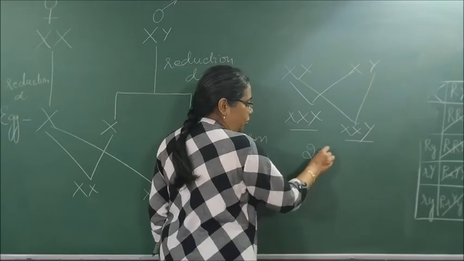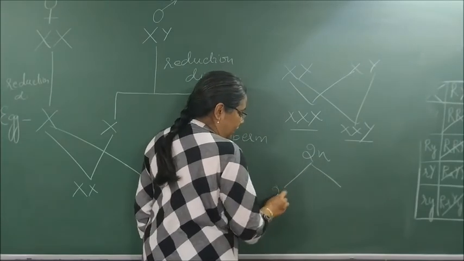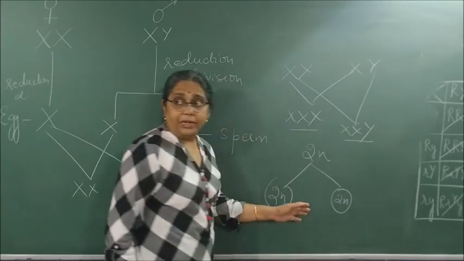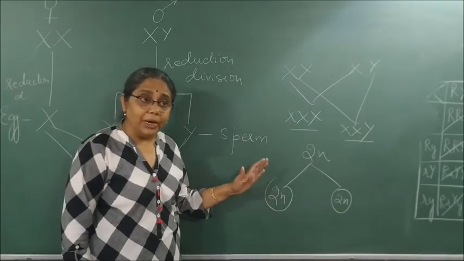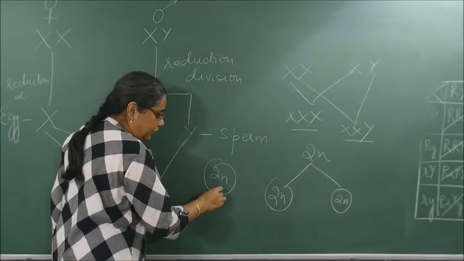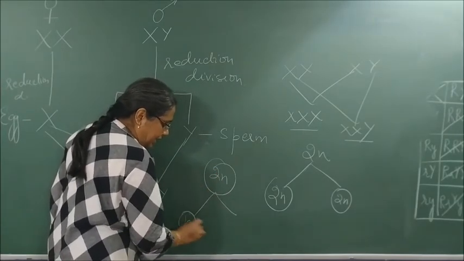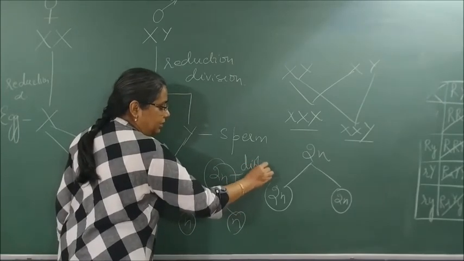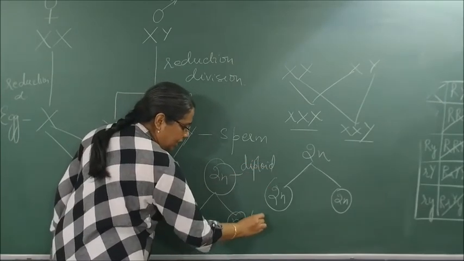If there is 2n number of chromosomes, it divides into 2n and 2n only. This is called what division? Mitotic division. But in sex cells, if there is 2n number of chromosomes, it divides into what? N and N. So this is called a diploid cell, and this is called what cell?